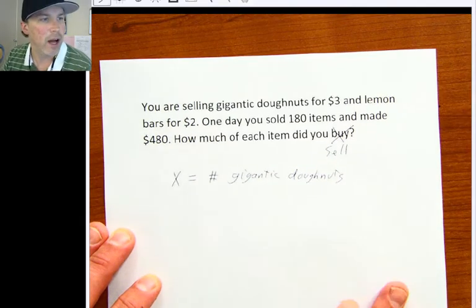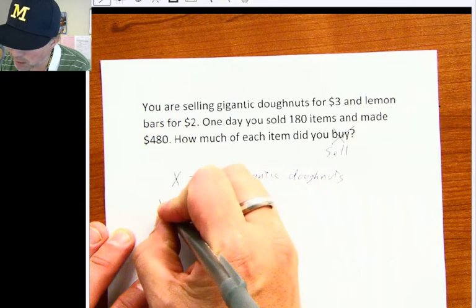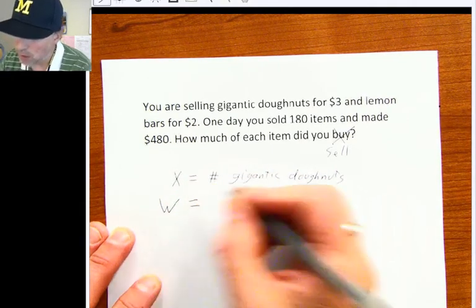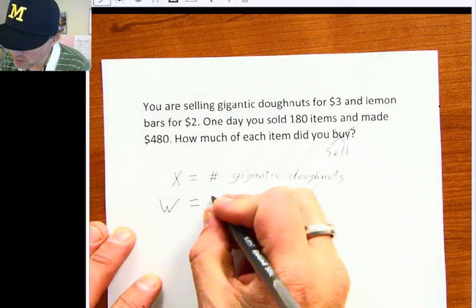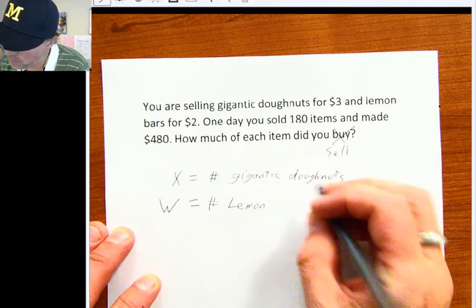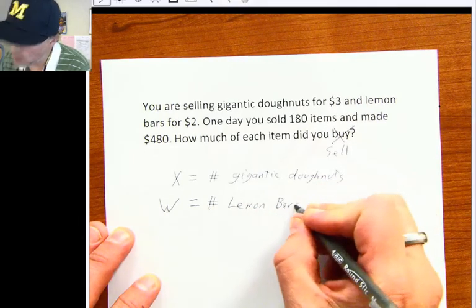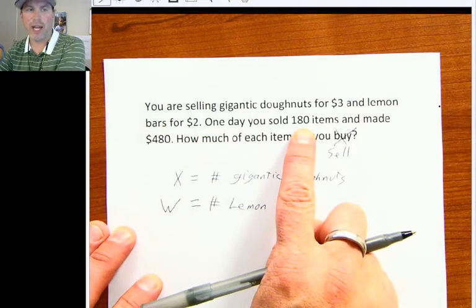And then my second variable, I can pick any variable I want. Today I'm going to pick the variable W. And the other item was number of lemon bars. So number of lemon bars is going to be my W variable.